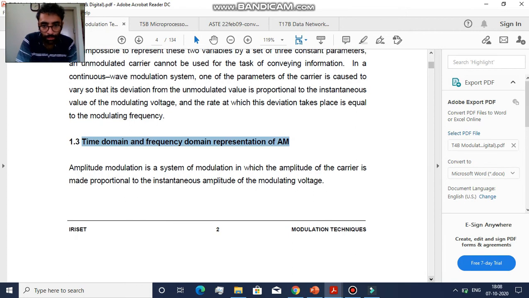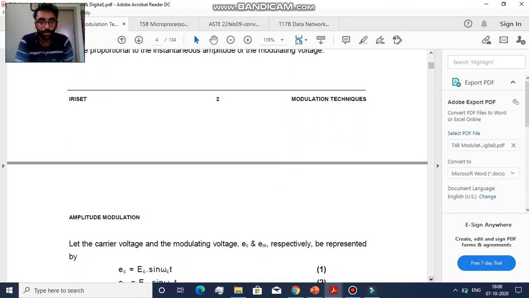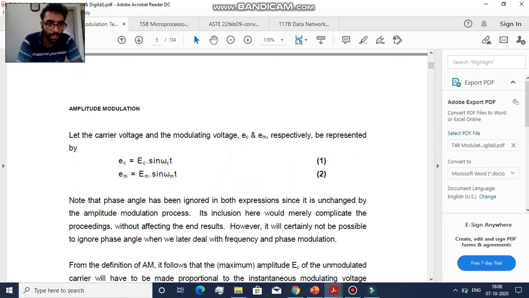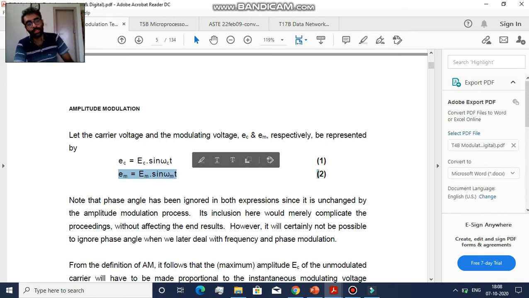Okay, so let's consider a particular case. Here is a carrier wave, whose instantaneous voltage is given by e_c = E_c sin(ω_c t), where capital E_c is the amplitude of the carrier wave and ω_c is the angular frequency of the carrier wave. The second thing is e_m, which is the representation of the modulating signal.